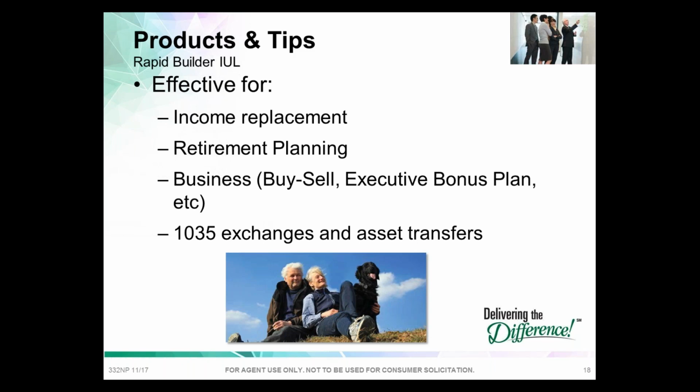So you're leveraging that cash value into a larger death benefit that can be accessed for death, of course, and also for chronic illness or critical illness or terminal illness. But also with the Rapid Builder, you have a little bit more opportunity to see access to that cash value if they need it through that waiver of surrender charge rider.